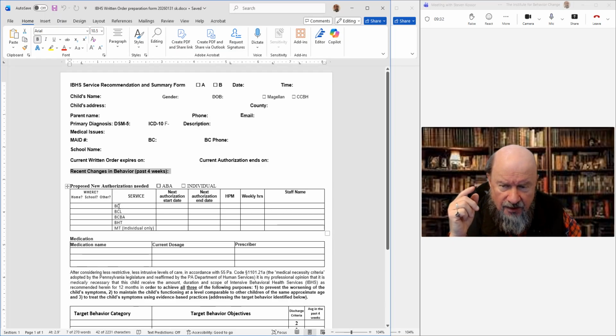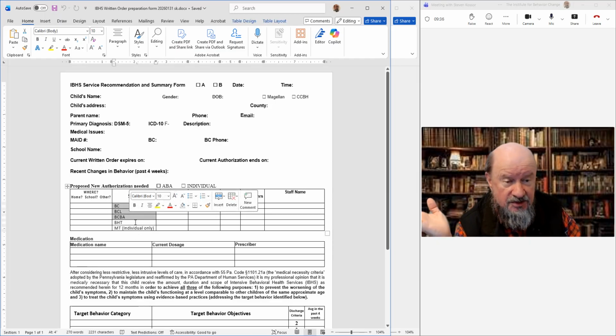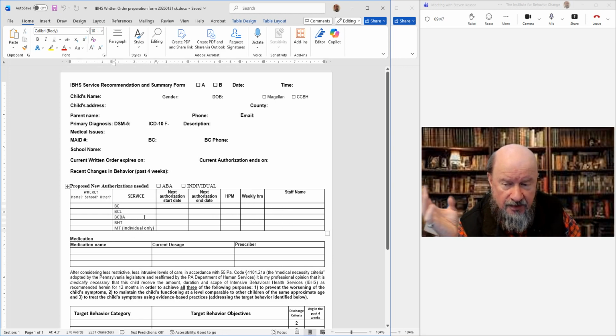them over here. We have 3 flavors of BC service: BC unlicensed, BC licensed, and BCBA. You need to identify the correct person over here who is fulfilling these roles.